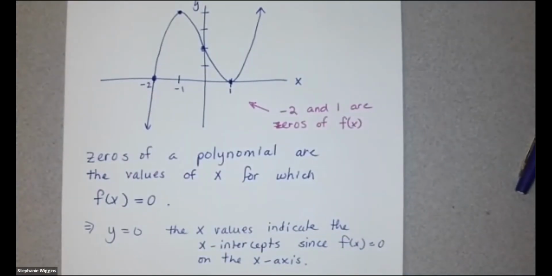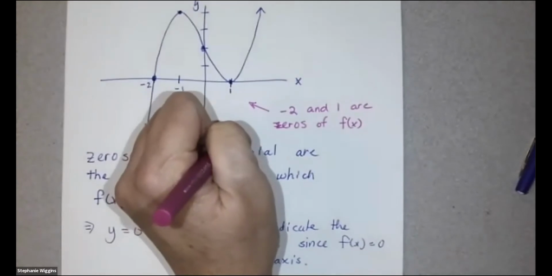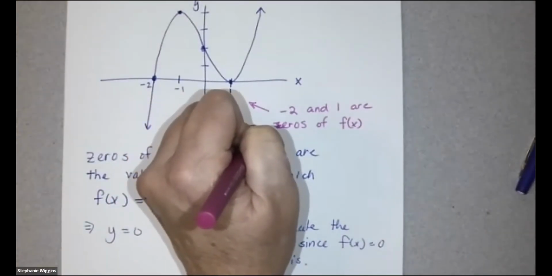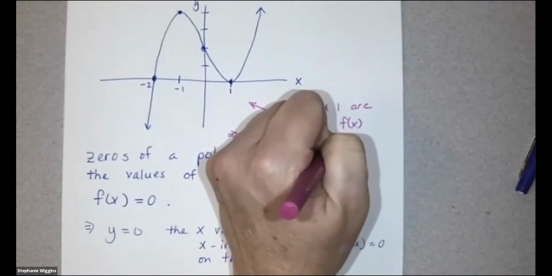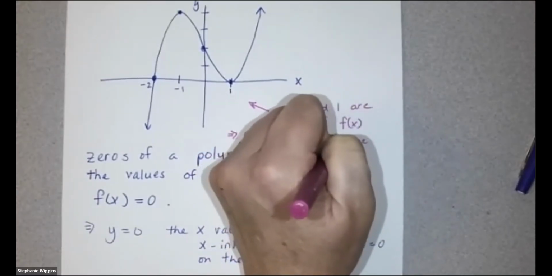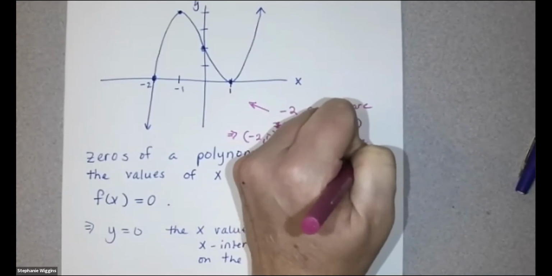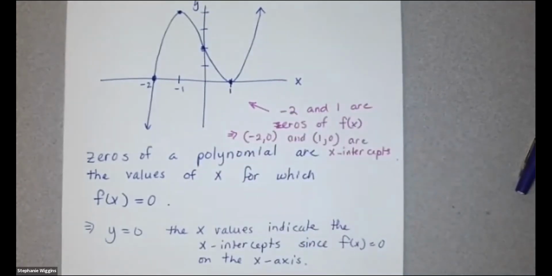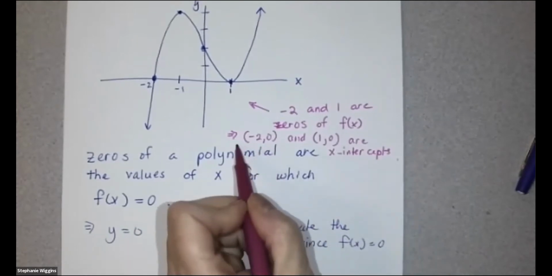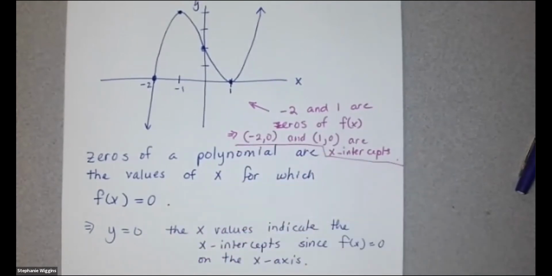And because those are zeros, then (-2, 0) and (1, 0) are x-intercepts. So if you can find the x-intercepts, then that amounts to finding the zeros, and vice versa.